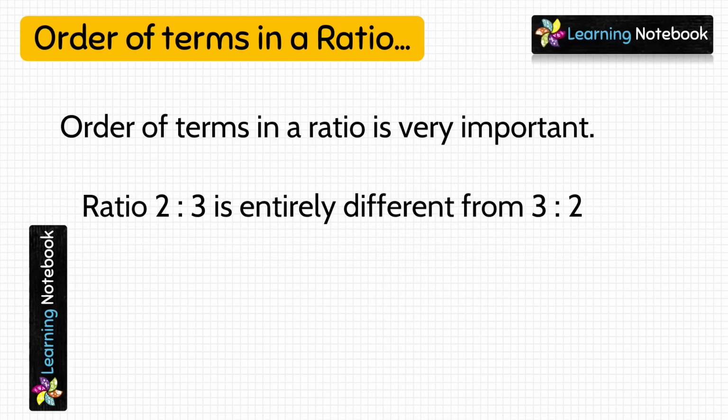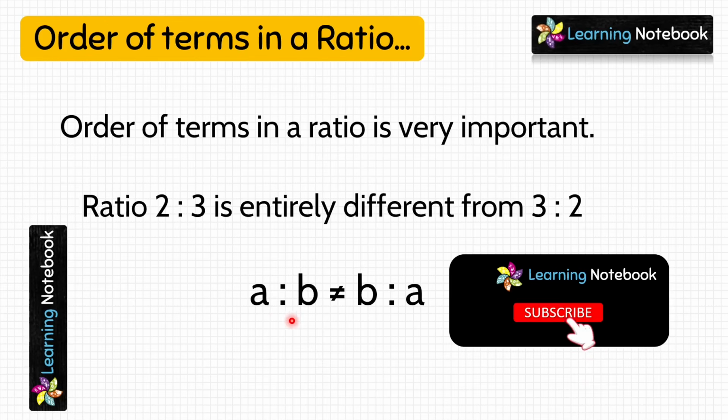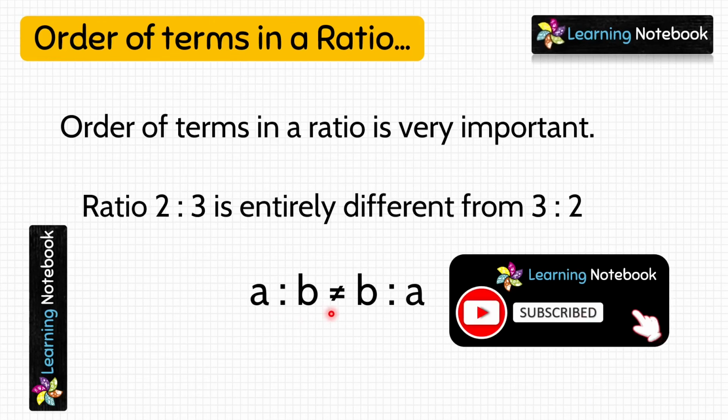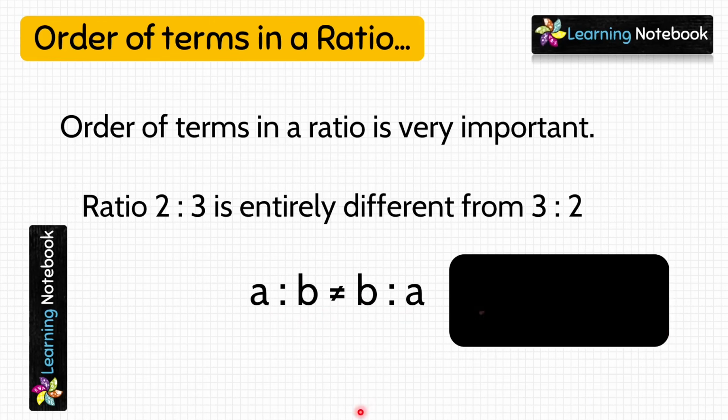Students, this means ratio 2:3 is a different ratio and ratio 3:2 is an entirely different ratio. Both of them are not equal. So in general, we will say A:B is not equal to B:A.